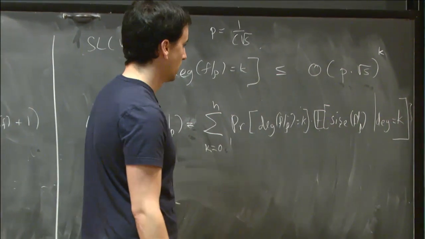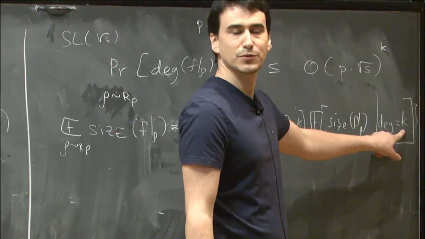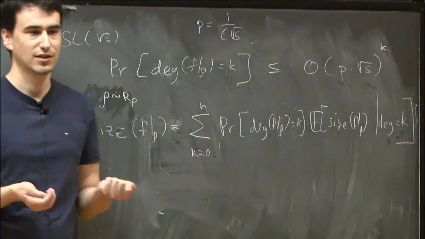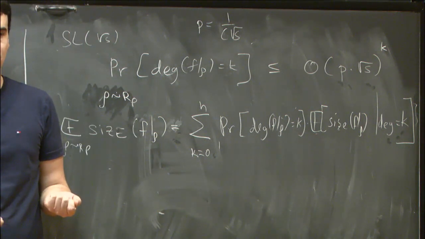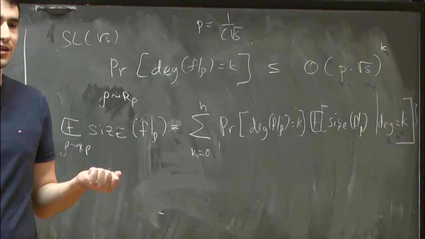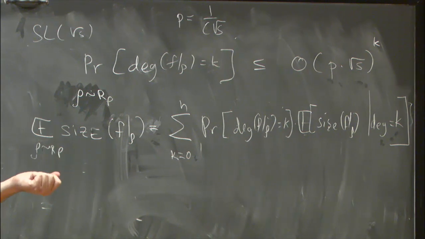Recall that we said something about a Boolean function when the degree equals exactly k: every Fourier coefficient is an integer divided by 2 to the k. Since the sum of squares equals 1, it means that I don't have many non-zero Fourier coefficients. I have at most 4 to the k of them.